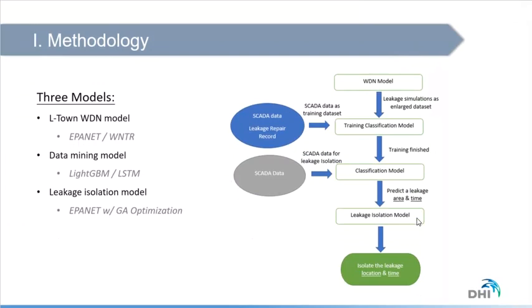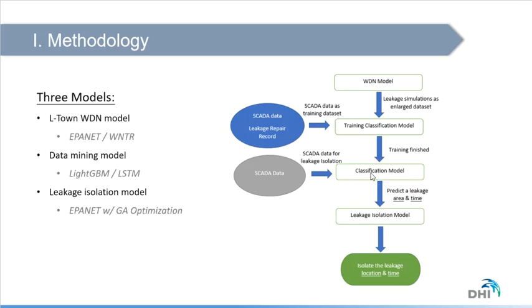The technical route is shown on this slide. We applied three models: the EPANET hydraulic model, some data mining models, and a leakage isolation model. We first did some calibrations of the hydraulic model with scanned data to make the model more accurate. Then we ran leakage simulations numerous times with this calibrated model to enlarge our dataset for training the data mining model.